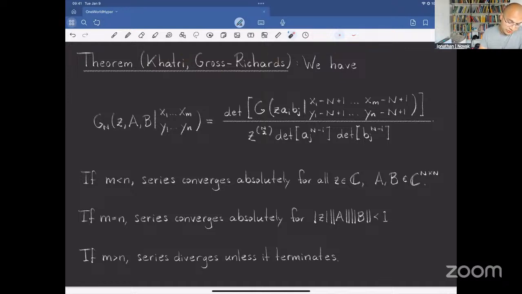They found a formula which expresses every hypergeometric matrix kernel in terms of the corresponding classical hypergeometric function going back to Euler. And so every series of this form is actually just the determinant of the corresponding rank 1 hypergeometric function.